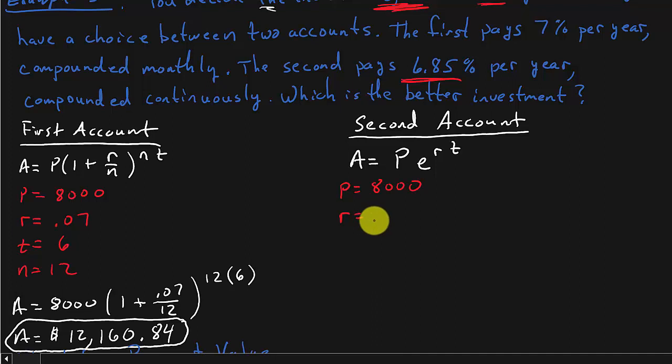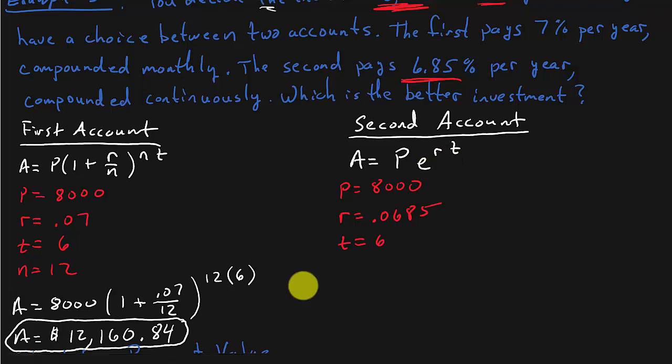So that's going to be 0.0685. All right. And once again, T, well, that's the same. That's for 6 years. Now, this problem, there's no N. See, we have no N in our formula. This is it. So let's plug all this in.